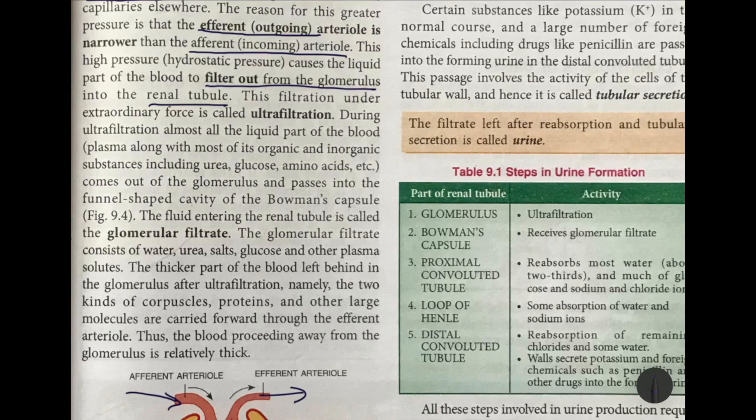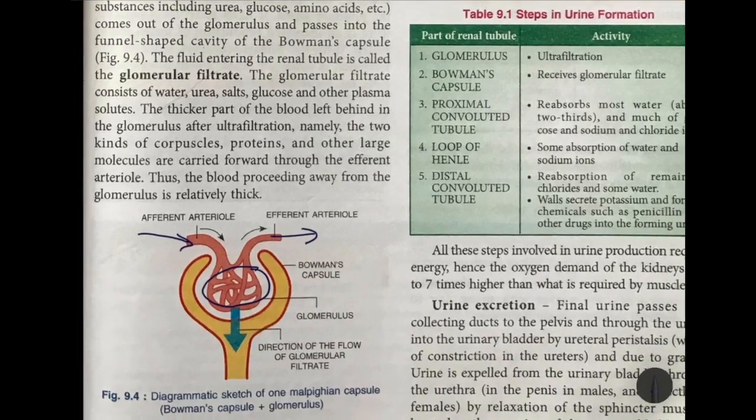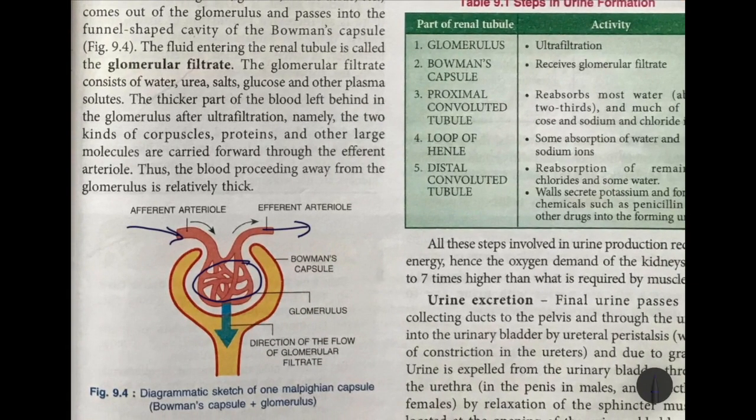Now when ultrafiltration takes place, most of the liquid part of the blood, that is plasma, with most of its organic and inorganic substances like urea, glucose, amino acids, which are usable, and of course urea which must be thrown out from the body, comes out of the glomerulus and passes into the funnel-shaped cavity of the Bowman's capsule. So the fluid which enters the renal tubule is known as the glomerular filtrate.